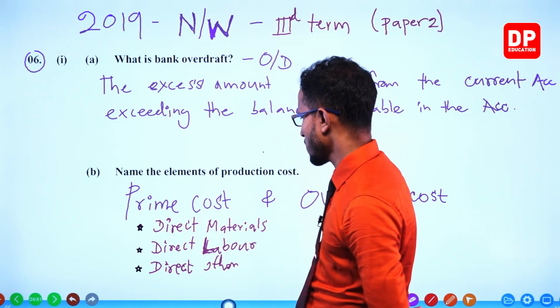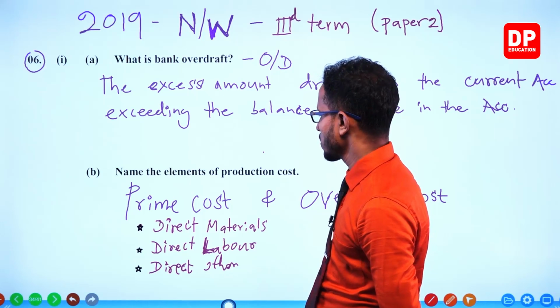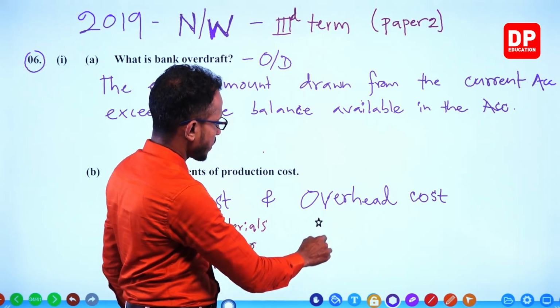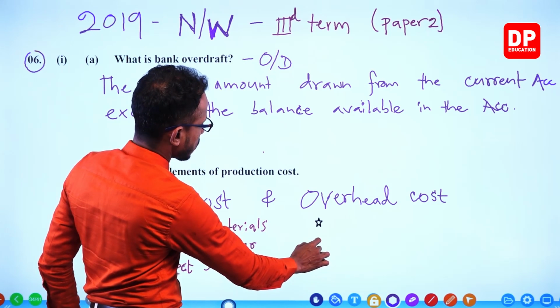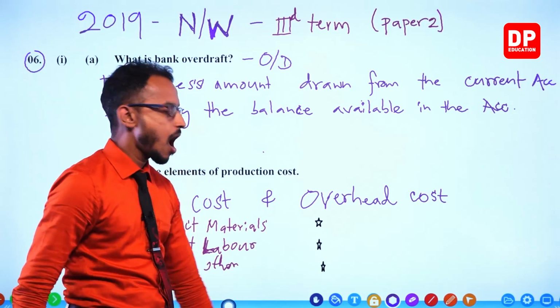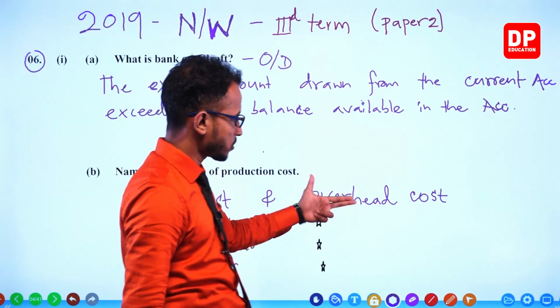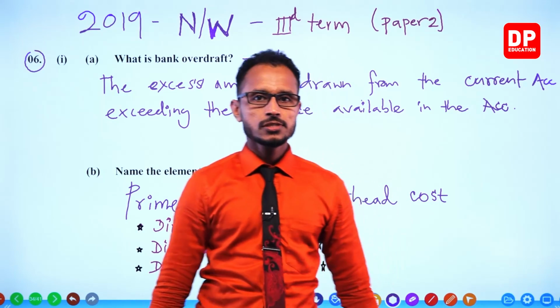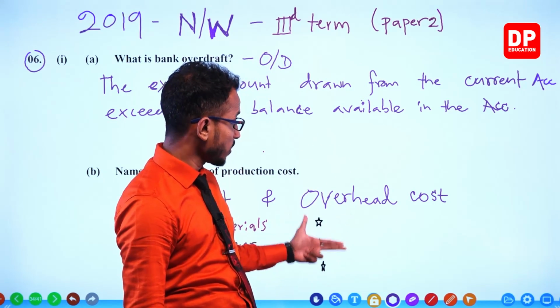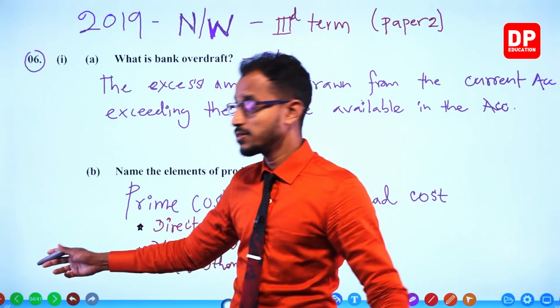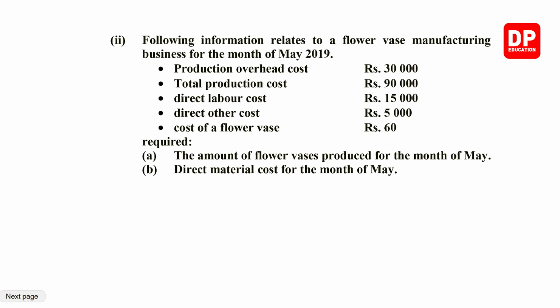You have to know these things by now. Prime cost. Overhead cost again has 3 elements: indirect material, indirect labor, and indirect other. All indirect costs. The addition of all the indirect costs is the overhead cost.